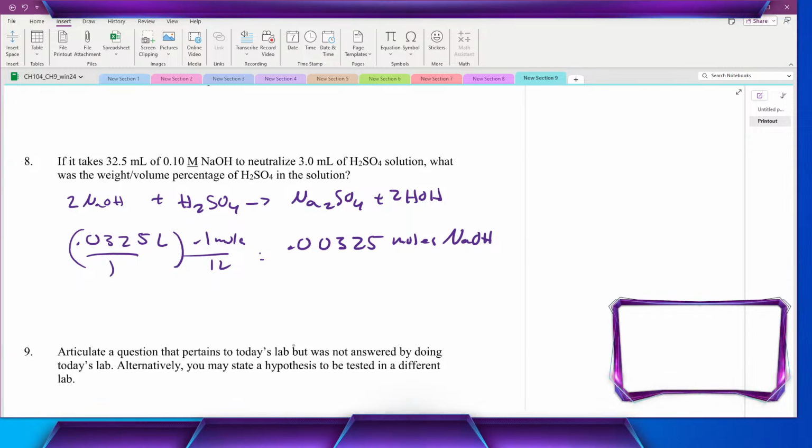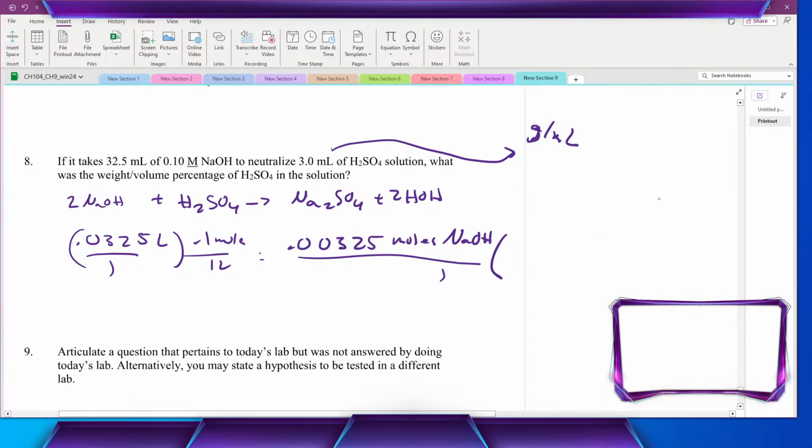It says we're trying to get to weight per volume, so eventually we need grams over milliliters. So let's get grams, except now we're in a 2-to-1 ratio. I'll set up the conversion factor: for every 2 moles of NaOH, that neutralizes 1 of sulfuric. So now we have half.